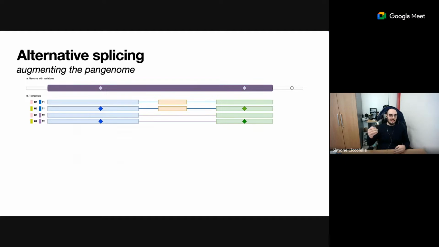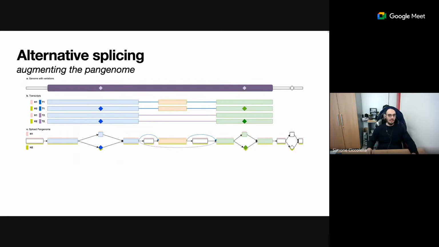So let's start with a reference, just to give you an idea. We have this reference, we have the variation in the reference, and then we have different annotation for the transcripts. First of all, we also need a pangenome. What we want to do is add the information regarding the transcripts on the pangenome itself.